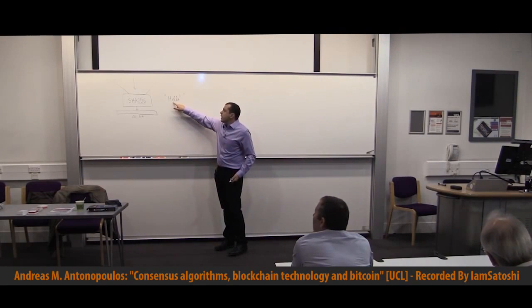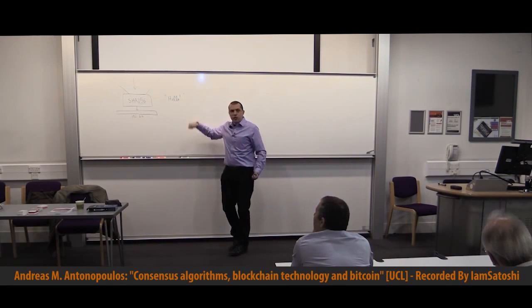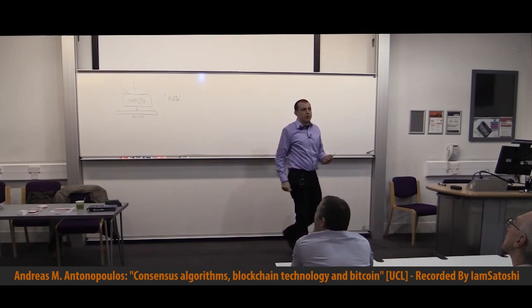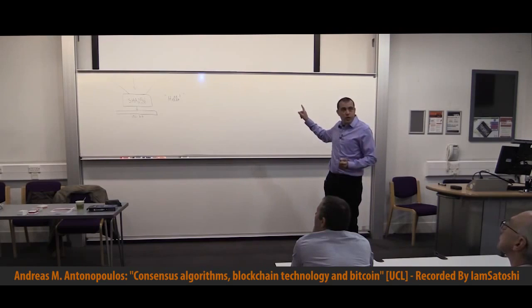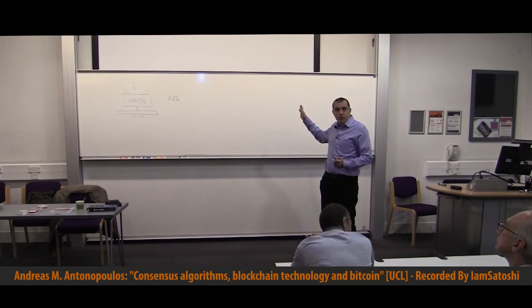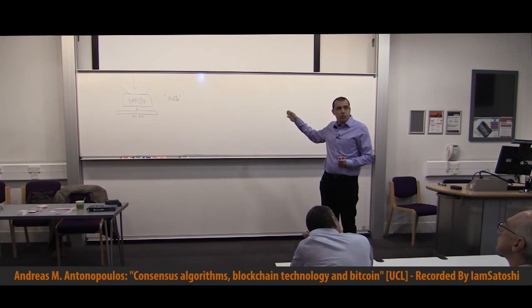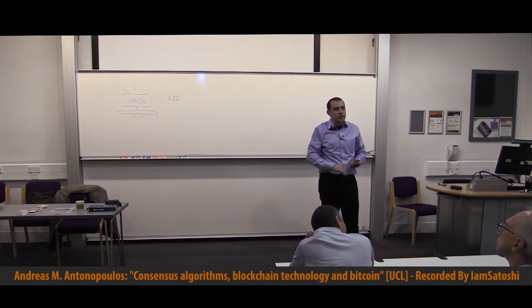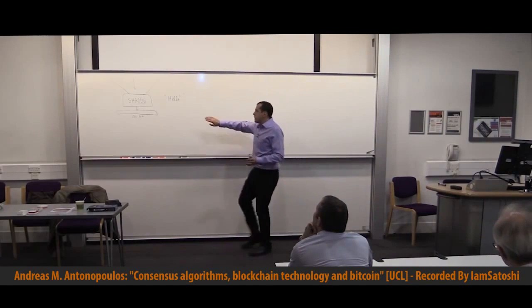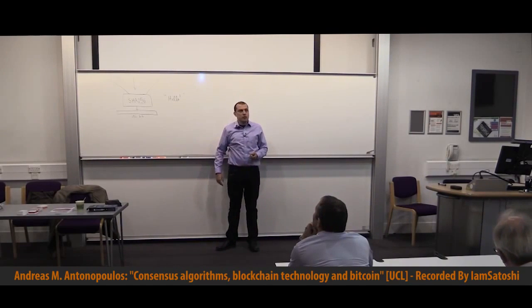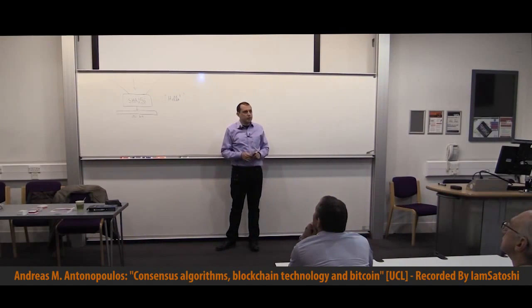You type in capital H, E-L-L-O, exclamation mark. It's going to give you a specific fingerprint. That fingerprint is specific to this phrase. You change the exclamation mark, you add a space, you change the first letter to a lowercase h, completely different fingerprint, right? But as long as you enter the exact same phrase, the result will be a specific fingerprint.